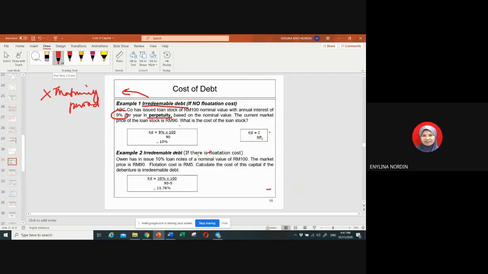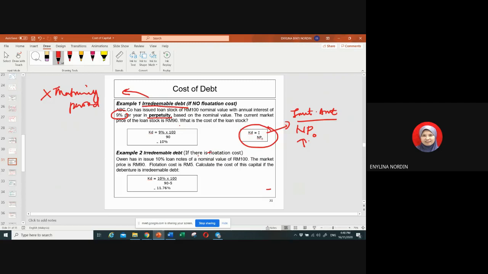Okay, so here how are we going to calculate the cost of debt for irredeemable debts? The formula is very simple. It is the annual interest amount divided by the net price of the debt. How do we calculate it? It's the same as the net price we calculated when determining the cost of equity.